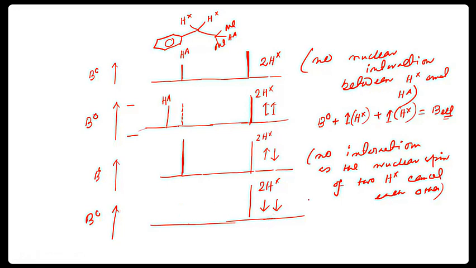So what Ha will experience here is the external magnetic field minus, I should use this arrow, it means negative, that's why I put the minus, the magnetic field from one nucleus Hx, also from another nucleus, because both are on the opposite side.